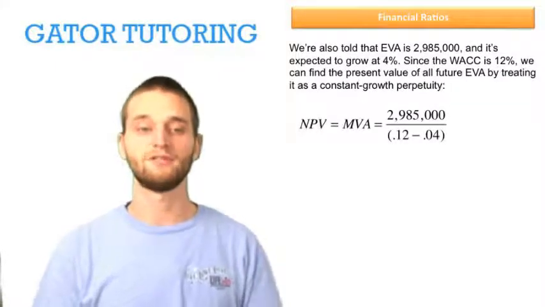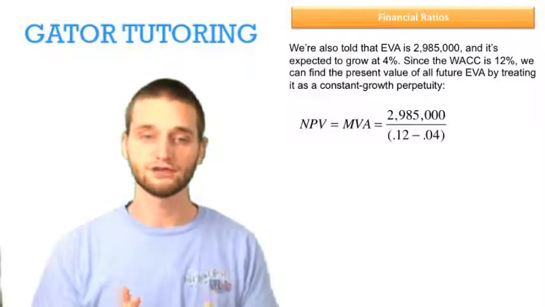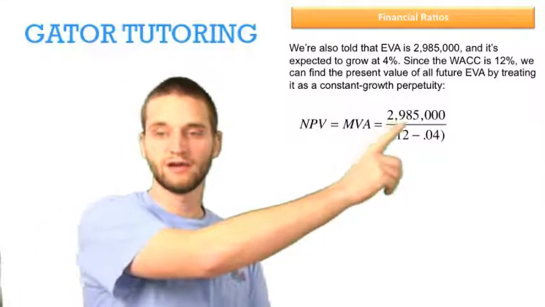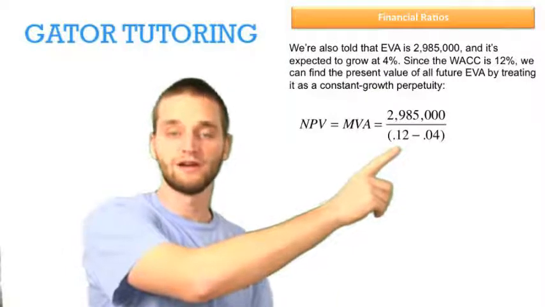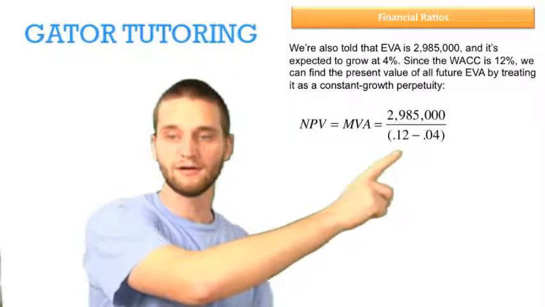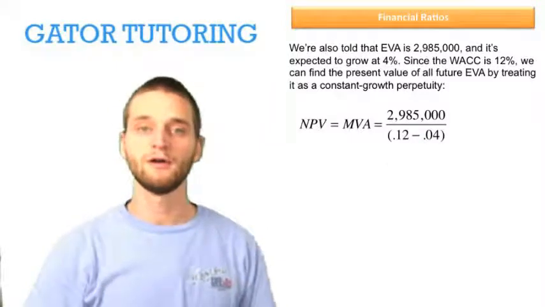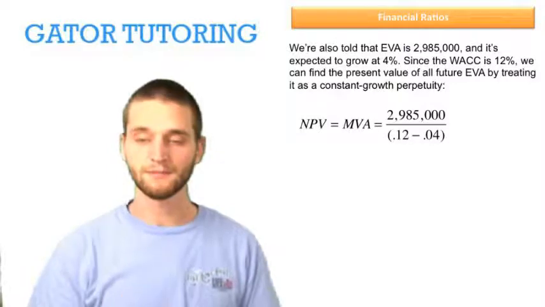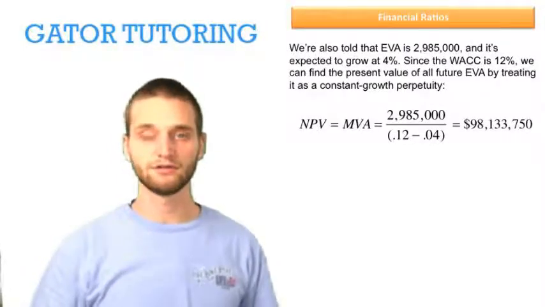So the net present value, or the market value added, which is what we call this present value of all future EVA, is just the payment in period 1, $2.985 million, divided by the discount rate, which in this case is our weighted average cost of capital, 12%, minus the growth rate of 4%. So it's just like we're finding the present value of a perpetuity of cash flows that are growing, a constant growth perpetuity, and we find that the market value added is $37.3 million.